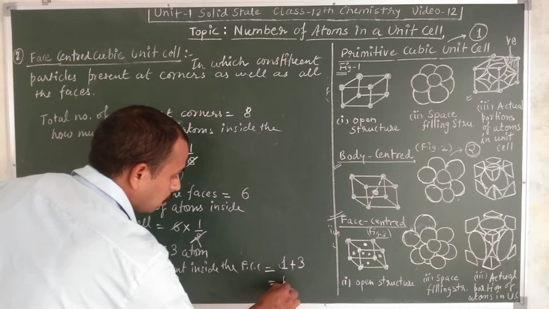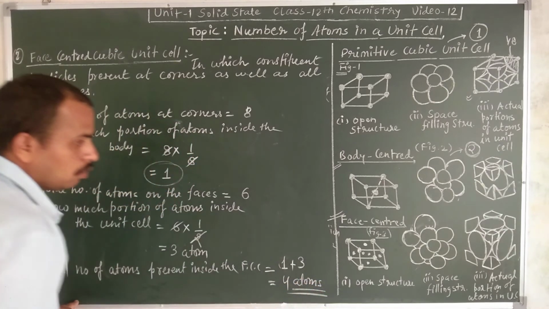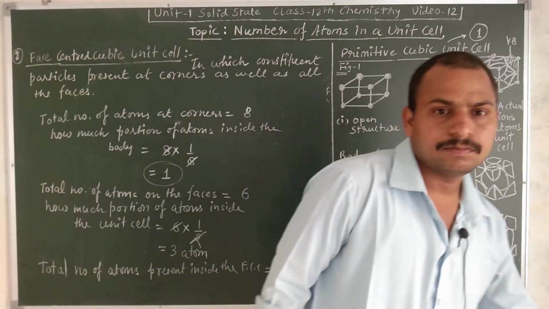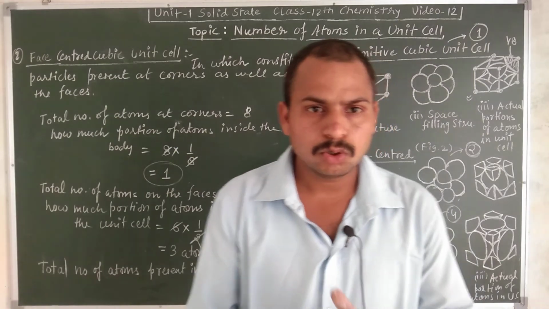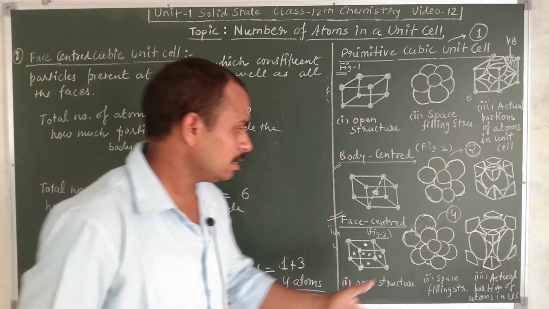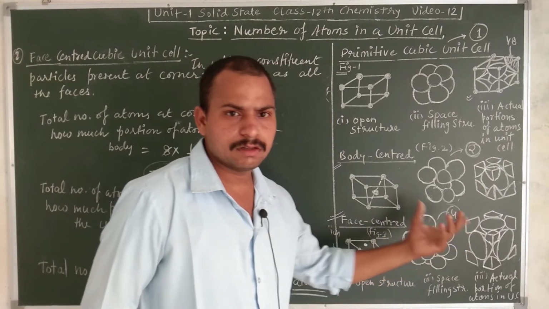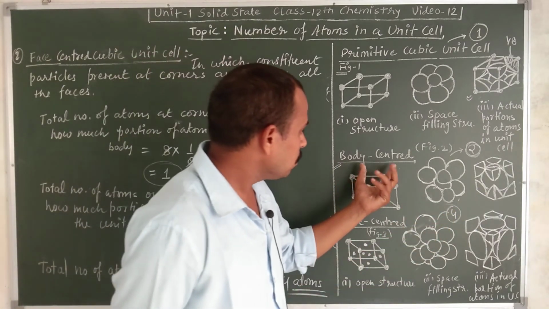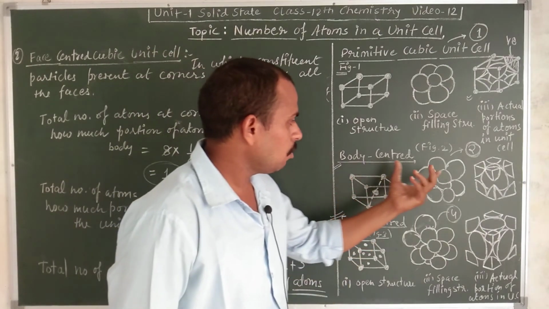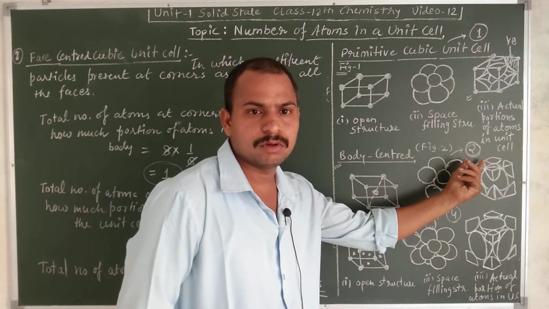So 4 atoms if we have a face centered unit cell. So total number of atoms present in the unit cell, that is 4. If we have a body centered unit cell, number of atoms present in the body centered unit cell, that is number of atoms 2.